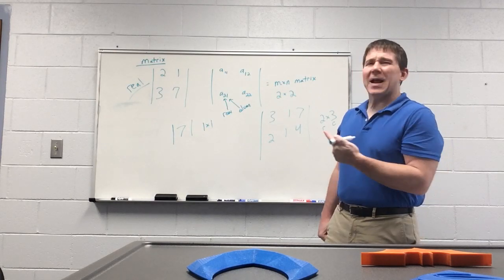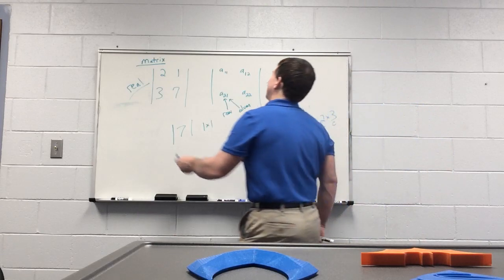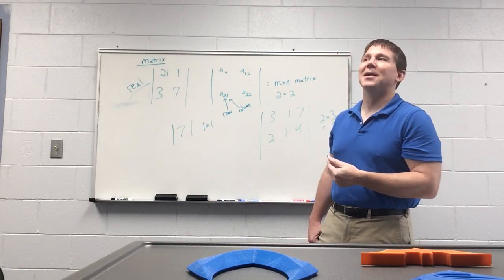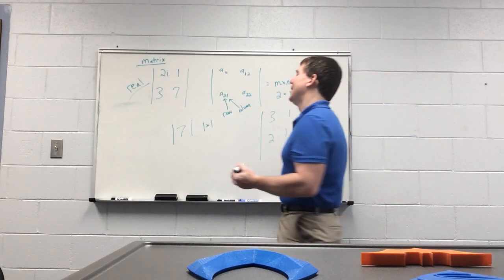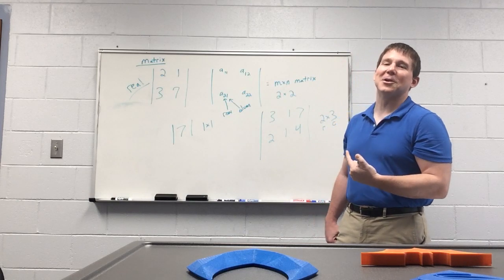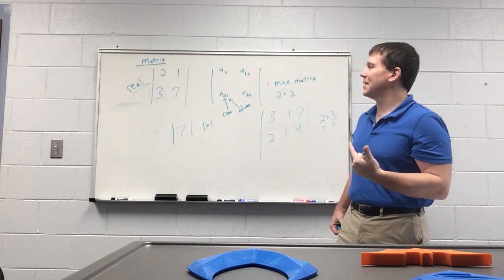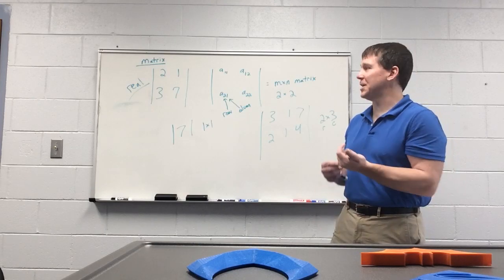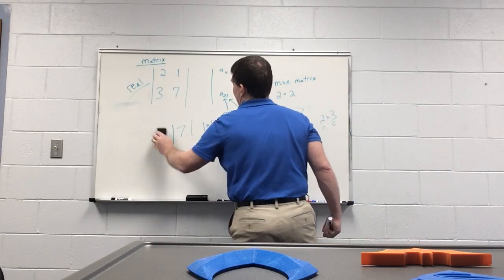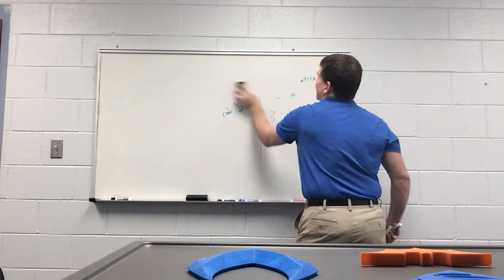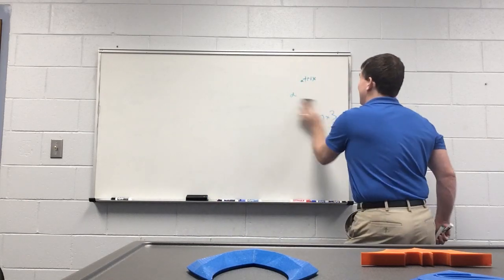But you could have a complex matrix where you had complex values in there. For the purposes of what we're doing, everything will be real unless for some bizarre reason I arbitrarily say it's complex and throw complex stuff in there. All the matrices we use will be real matrices. But we have rows, we have columns, we have square matrices.